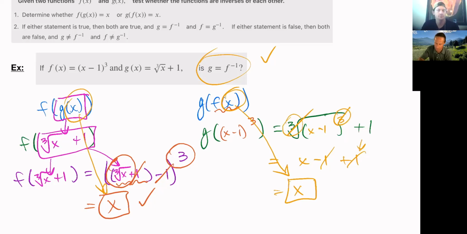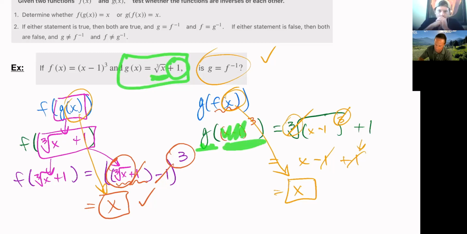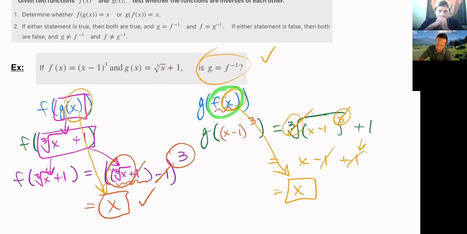So for this one, remember our G function is the cube root of x plus 1. So I put G of x, I put a big blank there, right? Is equal to the cube root of x plus 1. And then they replace the whole x with another function. And so we replaced our x's with that.